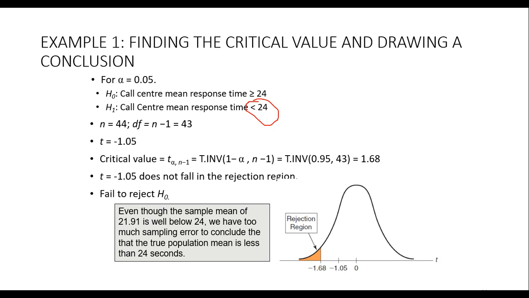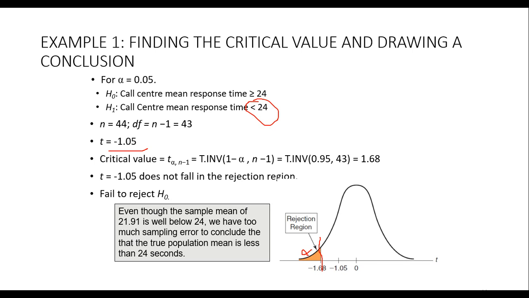So the critical value for this is 1.68, and this is the alpha region here, and this is the critical value. This is the rejection area. And what is the calculated t statistic we found? T calculated is minus 1.05, which is here. So it is not in the rejection region, so we cannot reject.